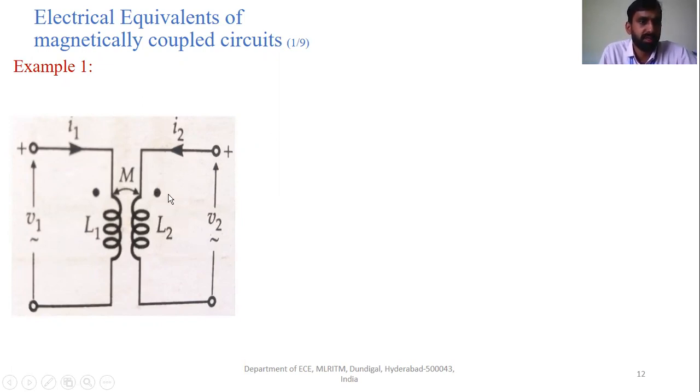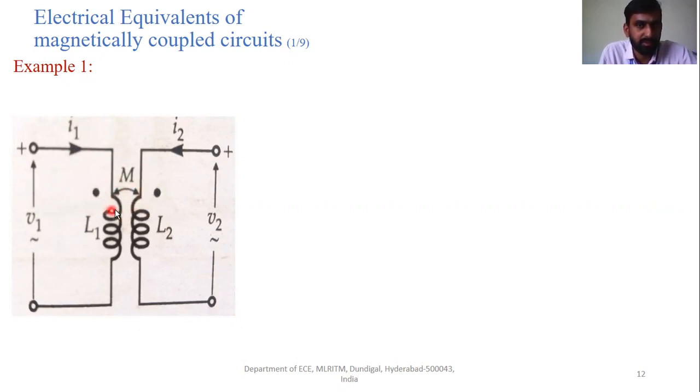In the first circuit here, you can see we are having a transformer coupled coil. In the left hand side loop, we are having the current I1, and in the right hand side loop, we are having the current I2. If you see the dots over here, in both the loops, both the currents are going to enter the dot.